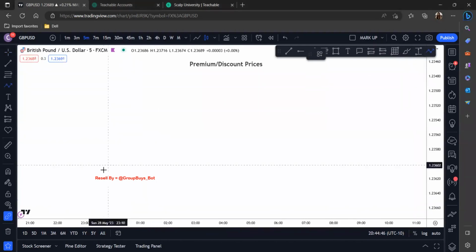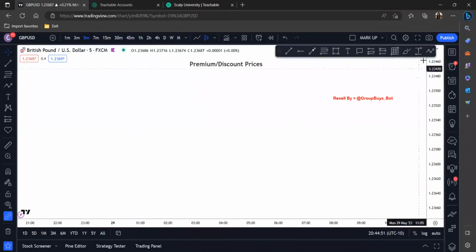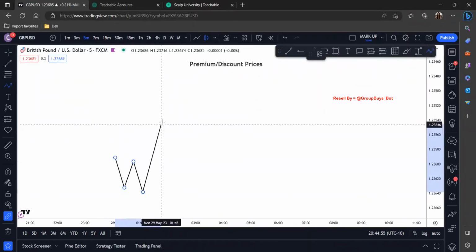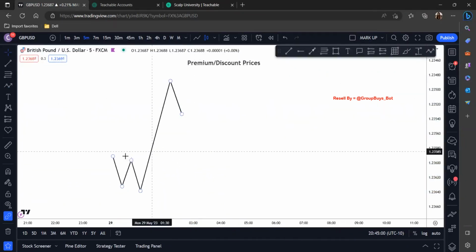So we have a simple trading range here, right?